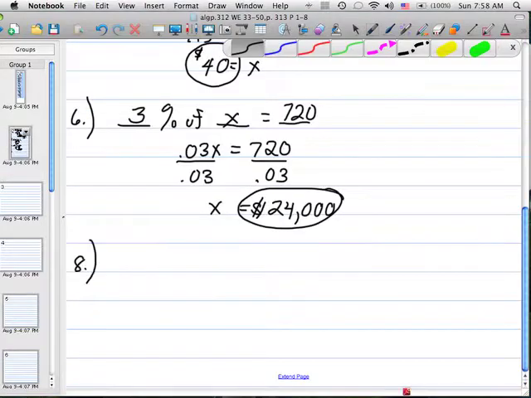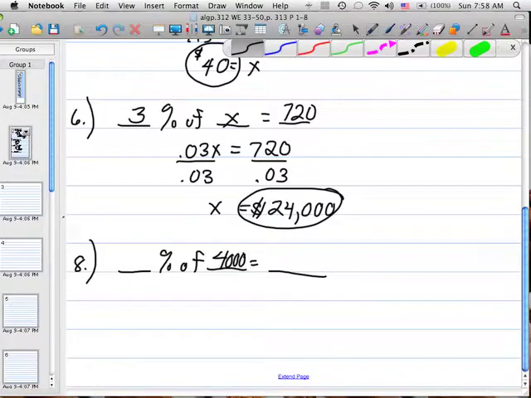And problem number 8, set up the percent word problem format. It says Mario invests $4,000 in bonds, paying 11.5%, and $5,000 in banking accounts, paying 9.1%. Which investment yields more interest in 1 year, and how much? So let's do the first one. He invests $4,000.